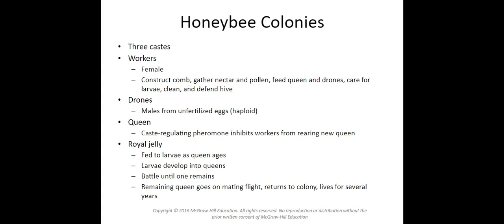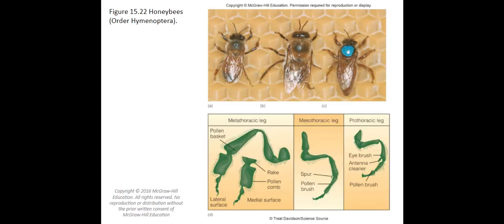So they'll fight, and then the strongest queen will emerge. And that remaining queen will then go on a mating flight. She will go get sperm from other colonies, and then she will return to the colony and grow, and she'll live for several years, passing on that genetic information.